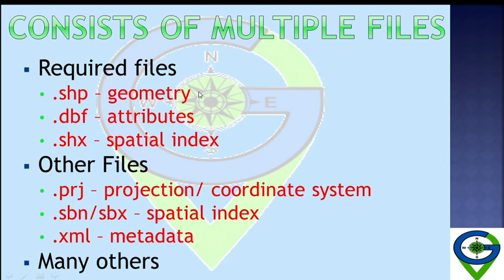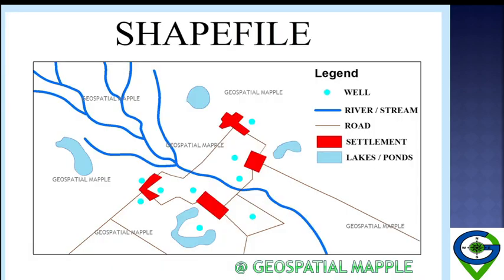Then the second one is .dbf. This is the file in which we can store the information about the shape. Like in this example, we have this polygon, and if we say that it is some settlement, then its name, its area and its population are stored. Like this is village X and it has a population of 400.